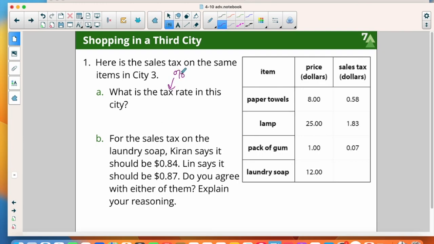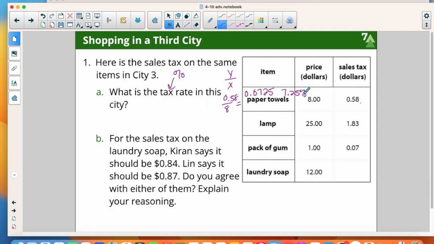And so I could look at this and go, well, I paid 58 cents for my $8 paper towels. And if I do y over x, 58 divided by 8 gives me 0.0725, which would be 7.25%.